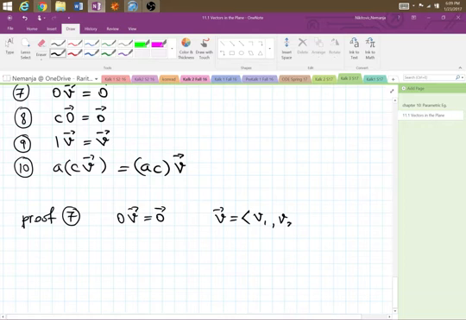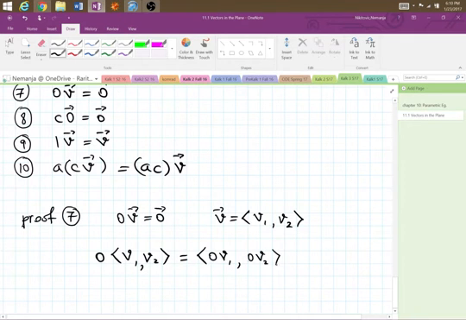Those are the components, the x and the y component of the vector. So 0 times vector v1, v2. We use the rule where 0 distributes inside to each of the components. So we have now 0 times v1 and 0 times v2, which is 0, 0, which is the 0 vector.